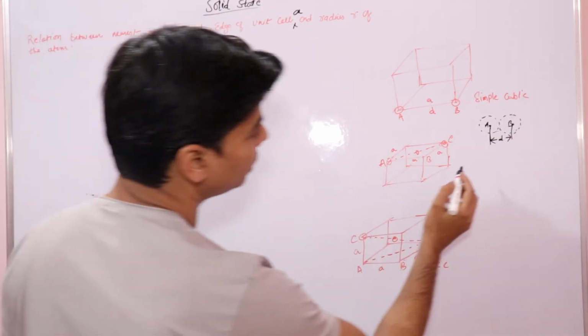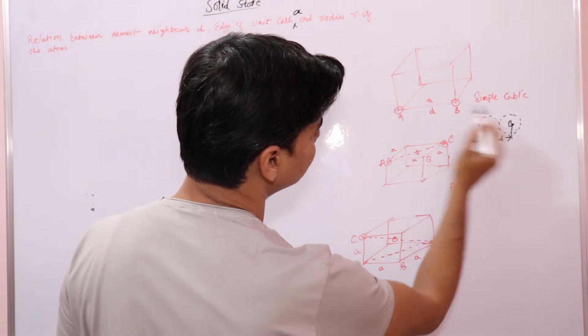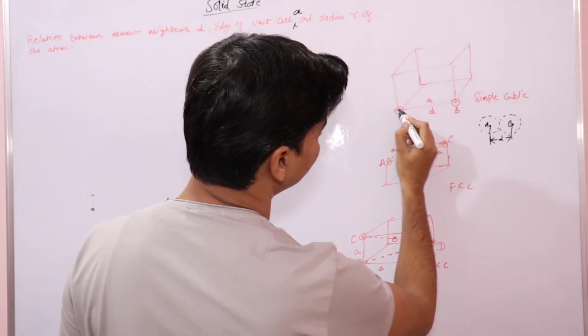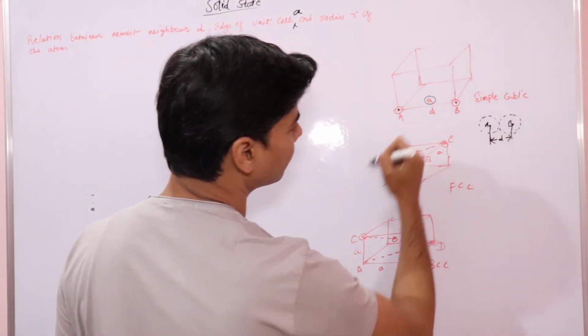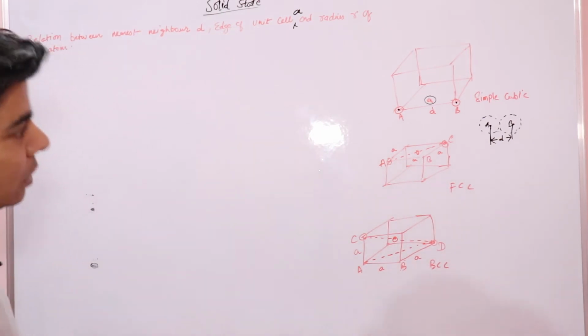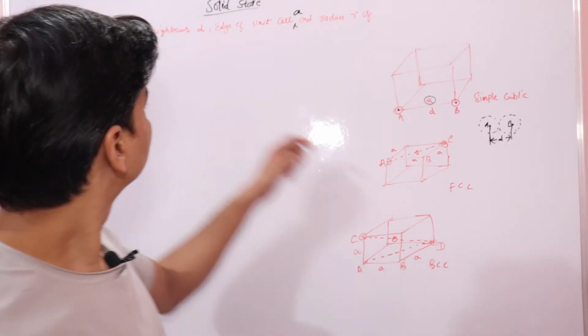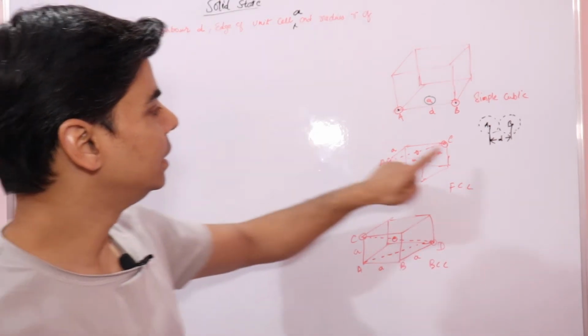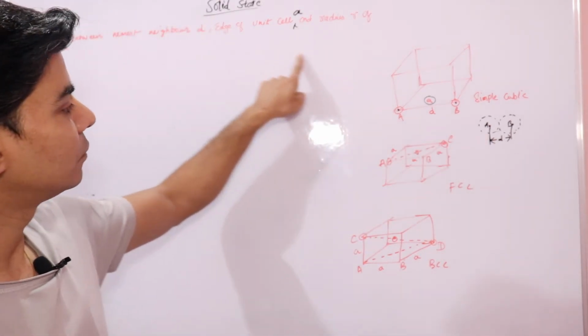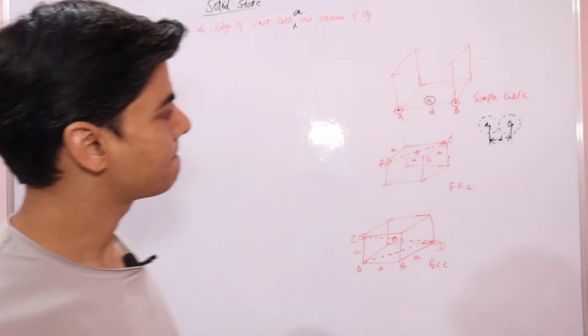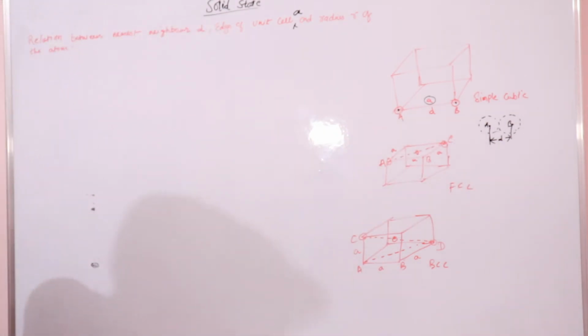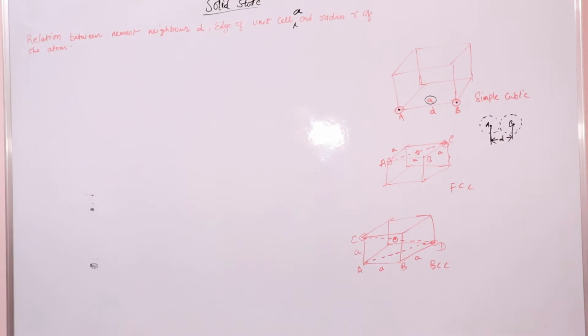And the edge of the unit cell, this complete edge from here to here, is A. Now what is the relationship between nearest neighbor distance D and the edge of the unit cell A? This is what we have to find.